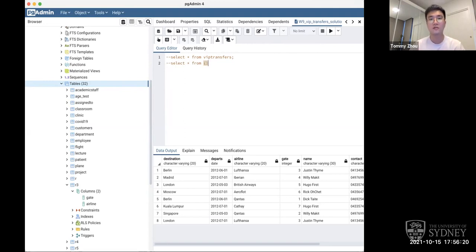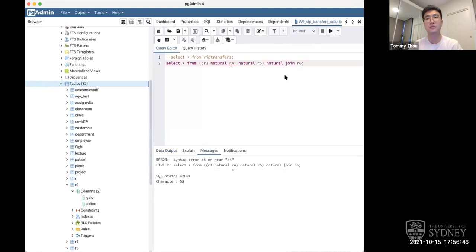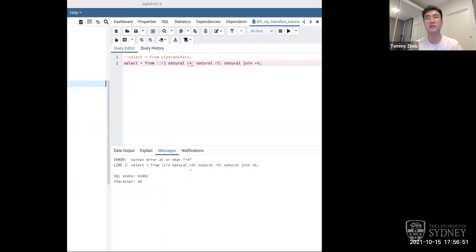So R3, natural join R4, natural join R5. So we're joining all those tables all together, R6. And what can we get from the tables being joined all together? Oh, sorry. I'm going to just look at which tables can be naturally joined.